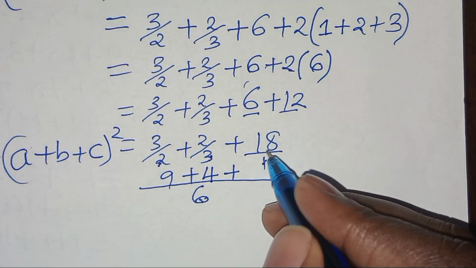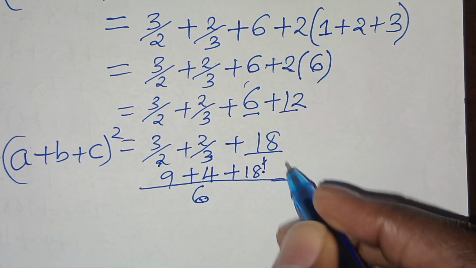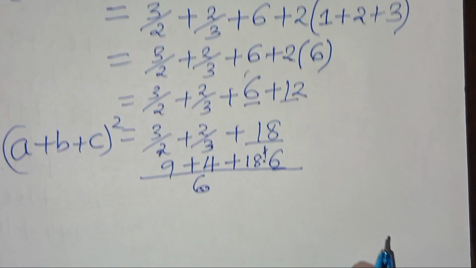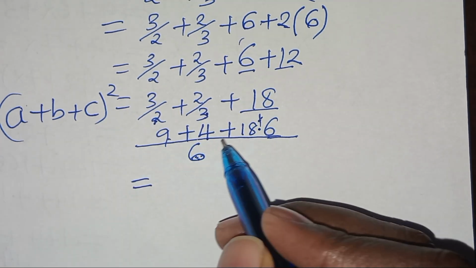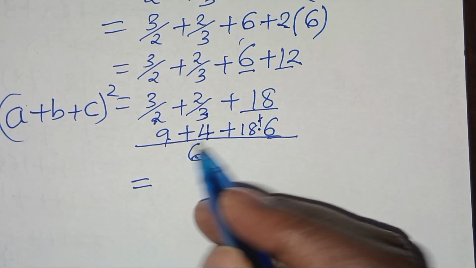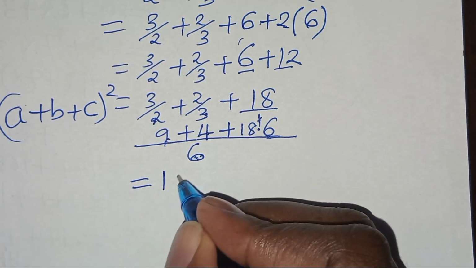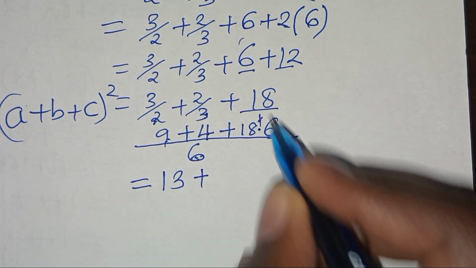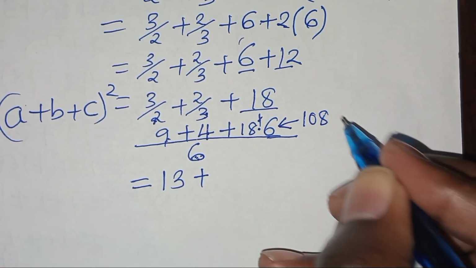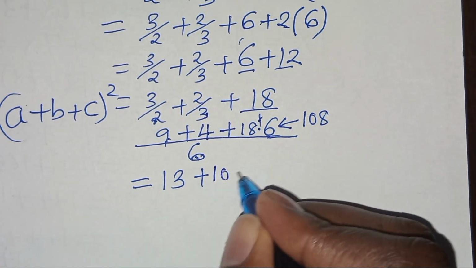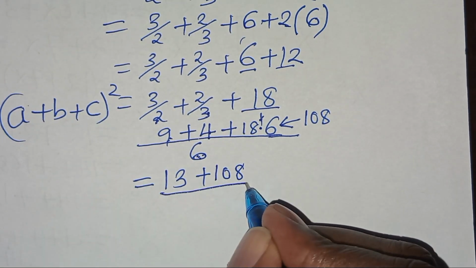Then 18, we will have here 18 multiplied by 6. So that now here we'll have 9 plus 4, which is equal to 13, plus 18 times 6. This is the same thing as 108. So we have 108 divided by 6.